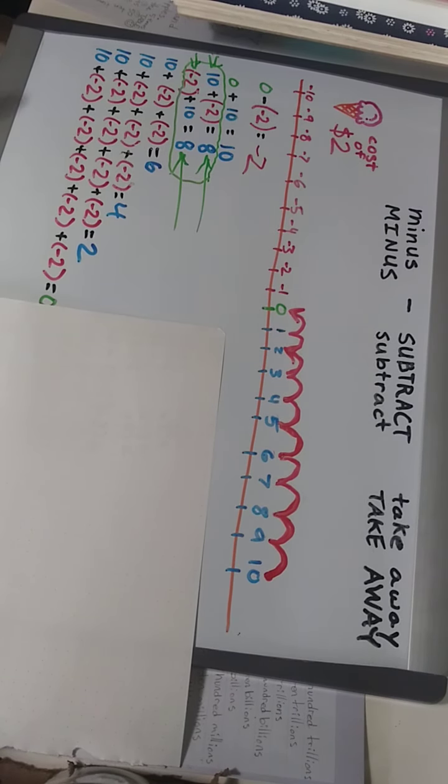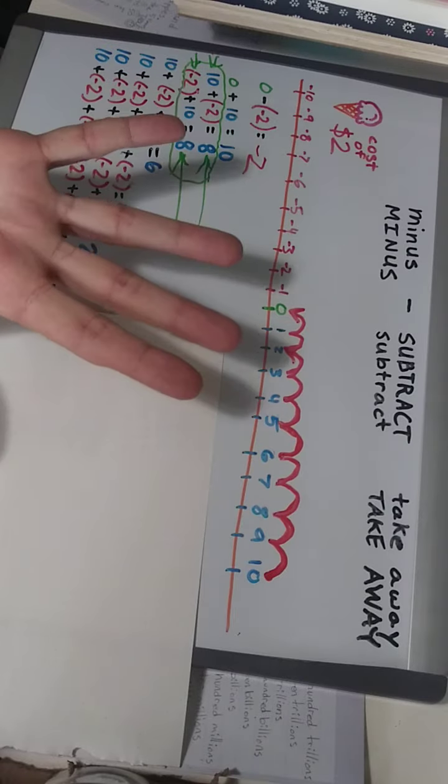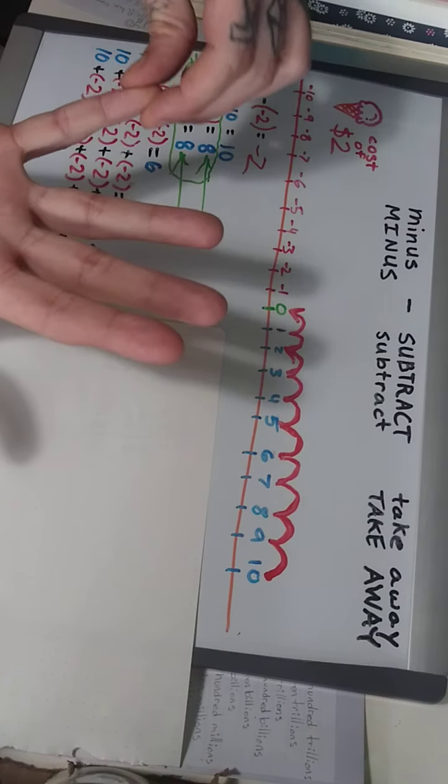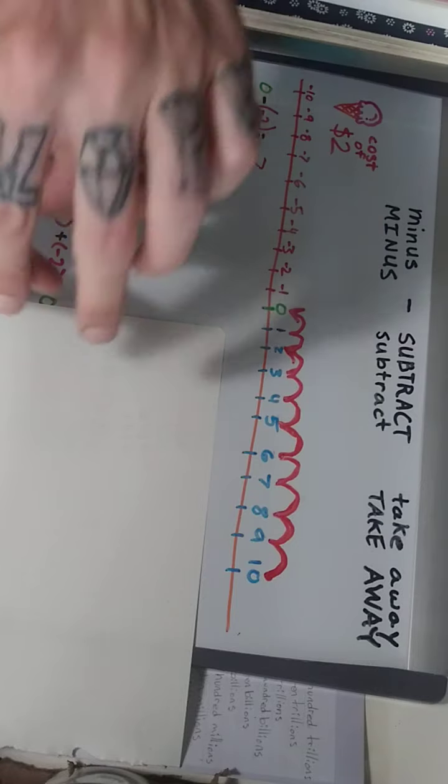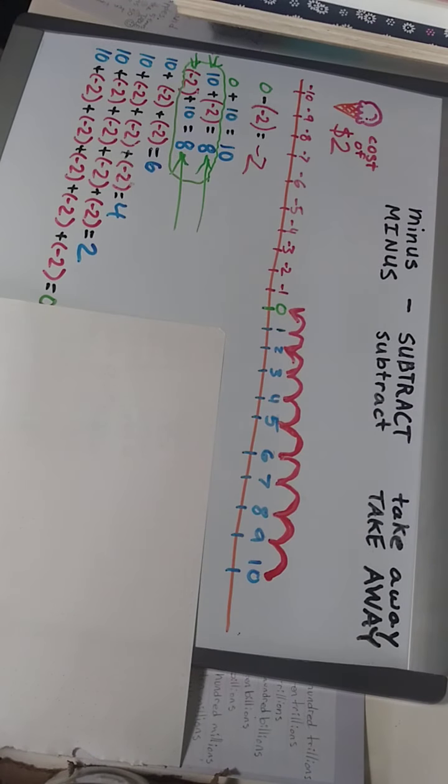And you could have checked that equation: we have 5 ice creams and we have $10. The 5 ice creams cost $2 each, so we could count by 2s: 2, 4, 6, 8, 10. So that confirms our equation.